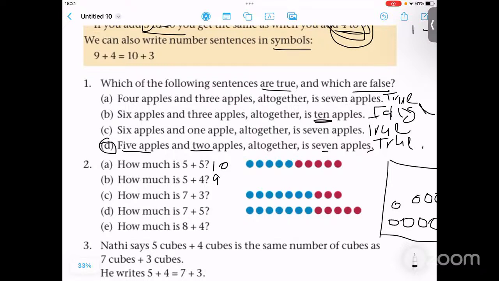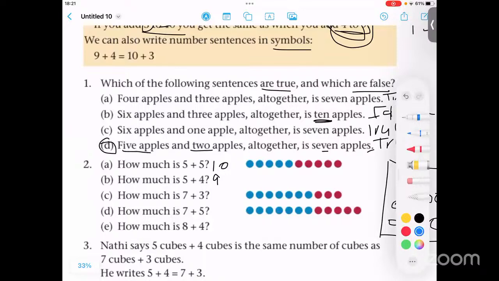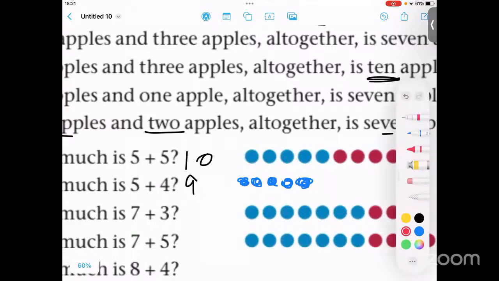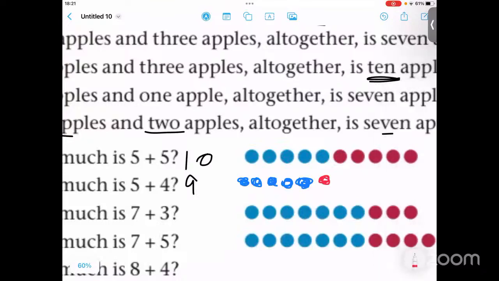Okay. So if we were to demonstrate like they did here, this is what we were going to do. So it's going to be 1, 2, 3, 4, 5, 6. 1, 2, 3, 4.